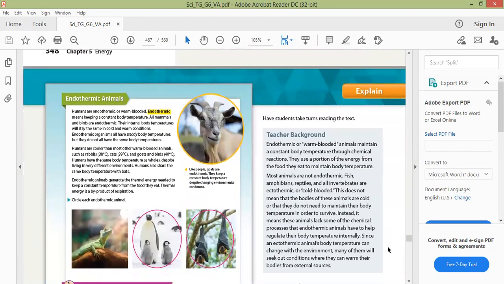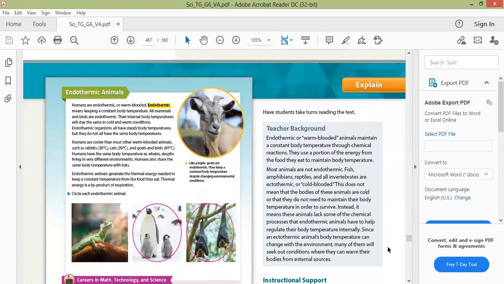Now we have to talk about something new, which is endothermic animals. Does anyone have an idea what an endothermic animal is? Did you hear about this term before? Anyone? Yes, Karim Saleh. Do you know what an endothermic animal is?